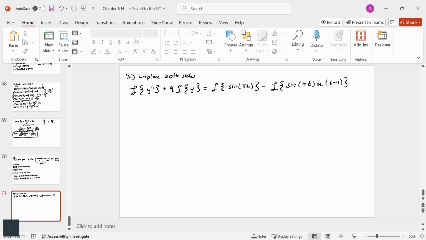So I'll distribute and do all of that stuff now. Now we're going to evaluate and sub in the initial conditions.